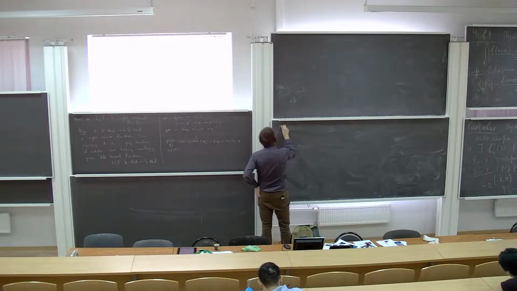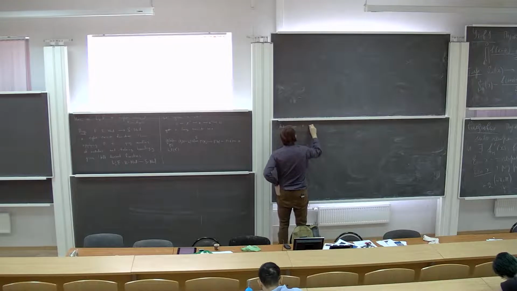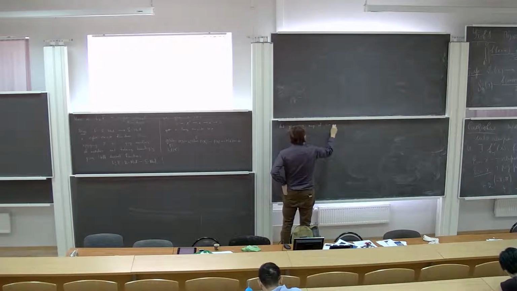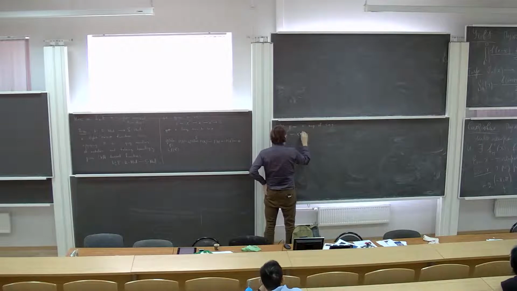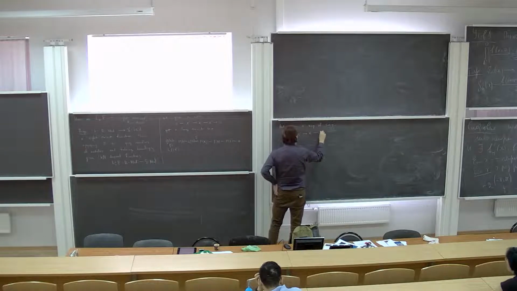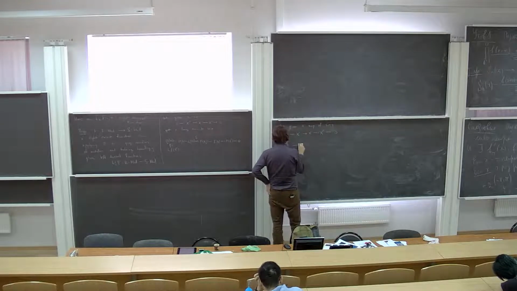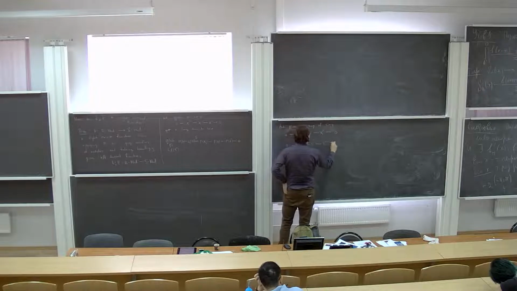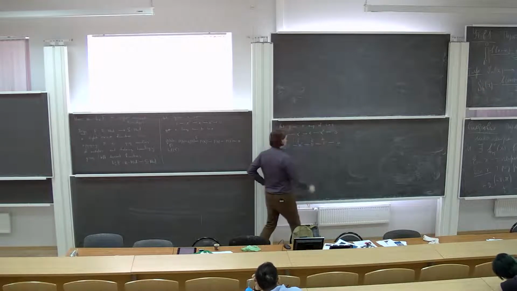Given a map of short exact sequences, so here's one short exact sequence, here's another one, and a map of short exact sequences is a commutative diagram like this.